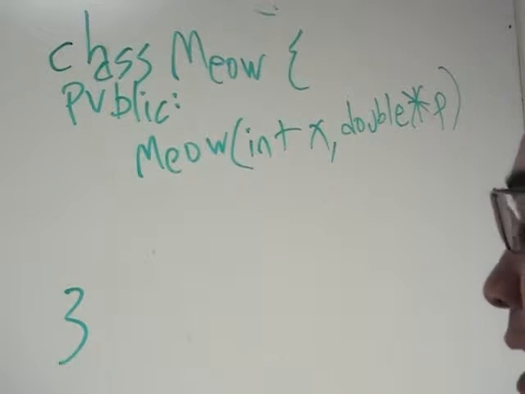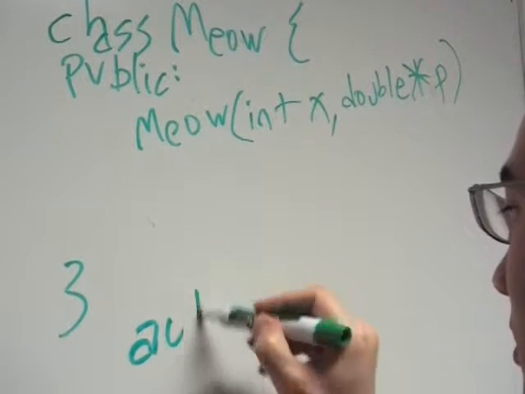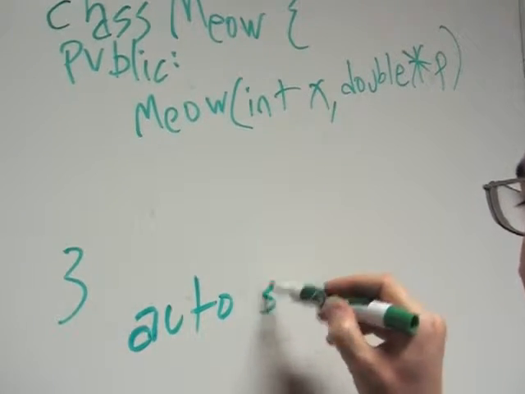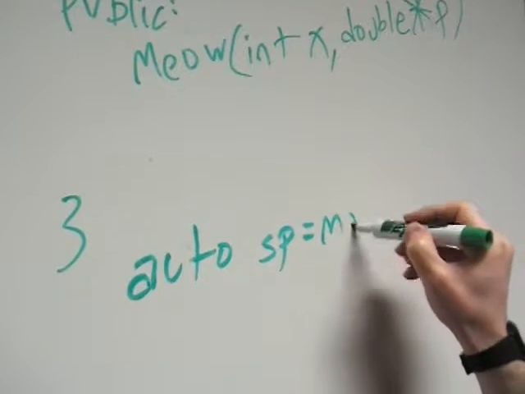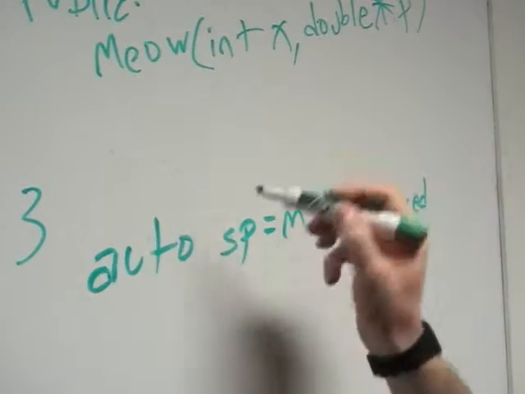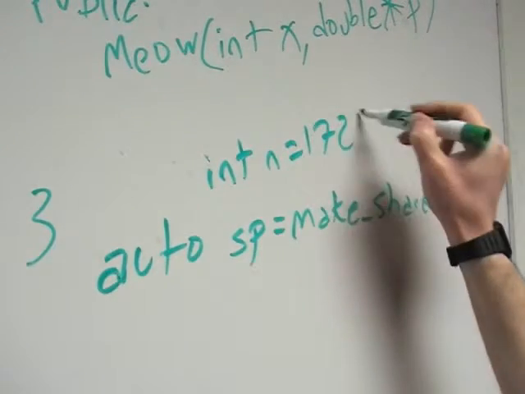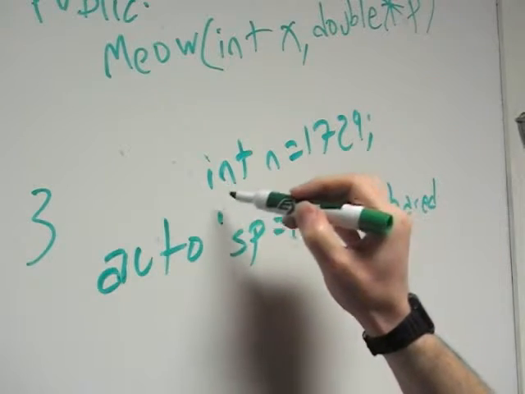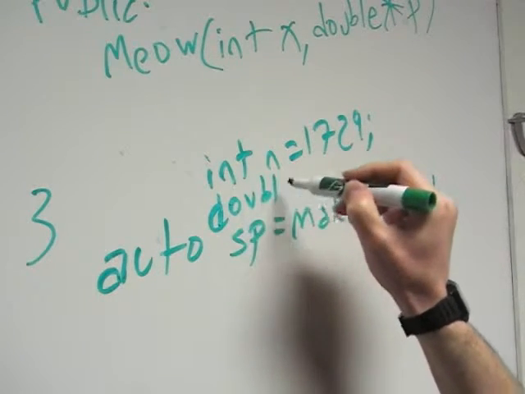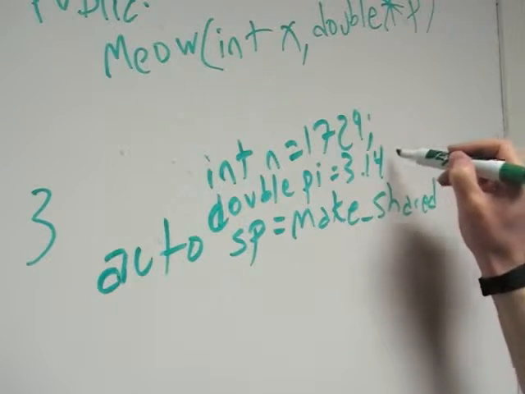Then, suppose I go, using VC10's features, I say auto sp is make shared. And suppose here I've got an int n is 1729 and double pi is 3.14, terribly inaccurate.